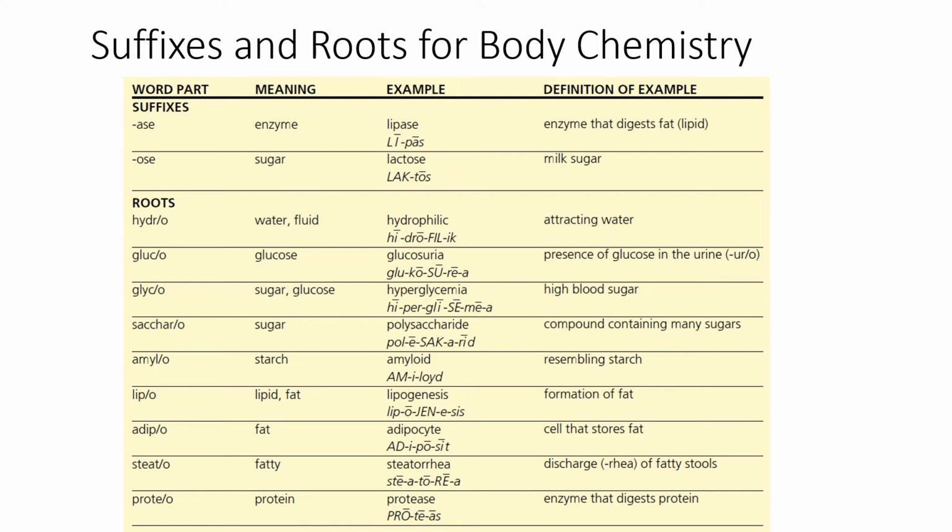Then lipo, which means lipid or fat. Lipogenesis means fat formation. Another root word for fat is adipo, and the example is adipocyte, a cell that stores fat.